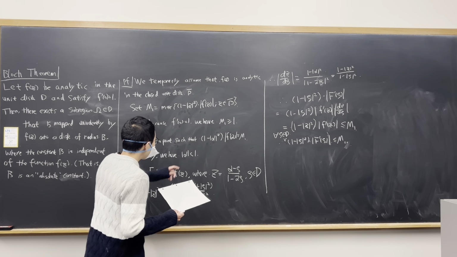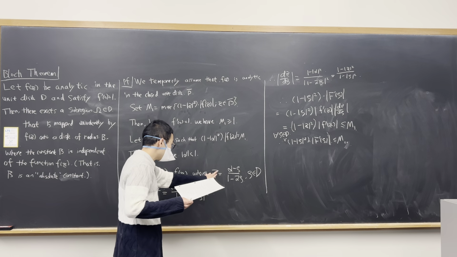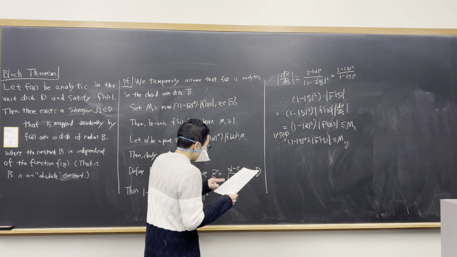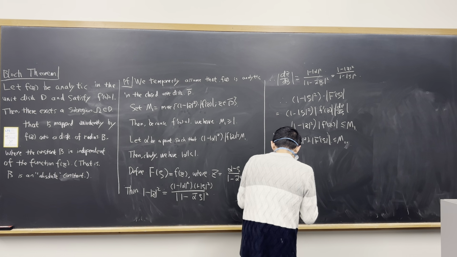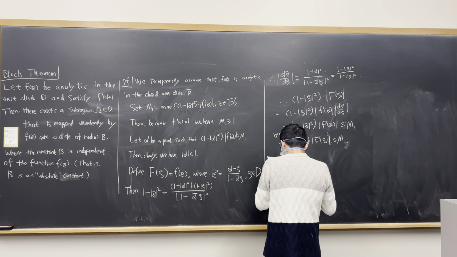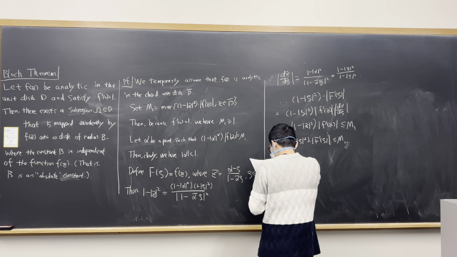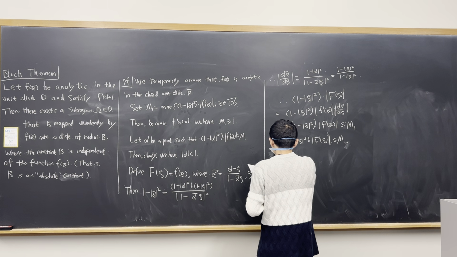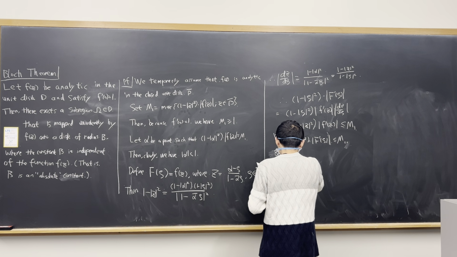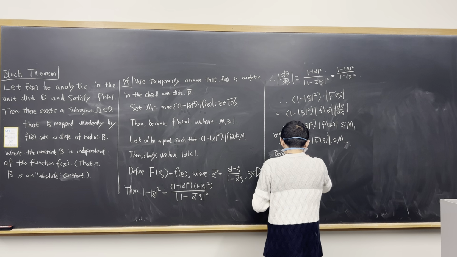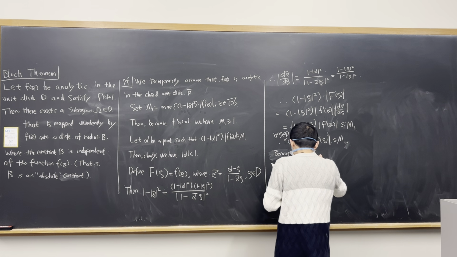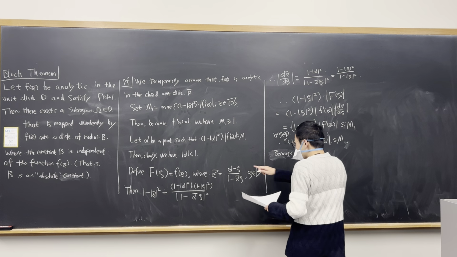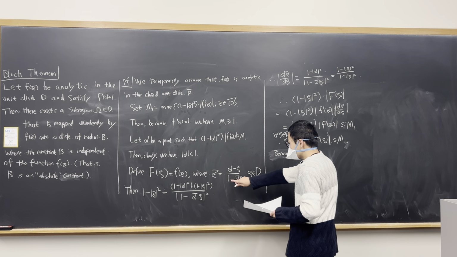Okay, so now, while we are choosing this alpha, one of the reasons is that when zeta is equal to 0, this is just alpha.